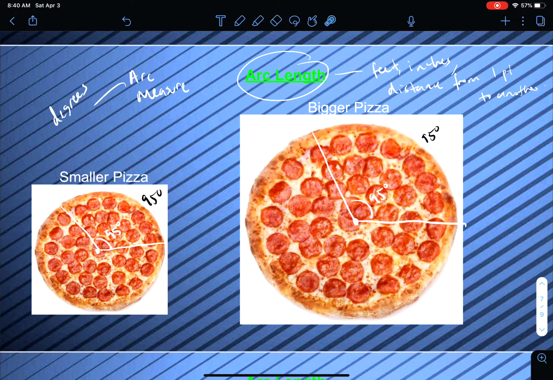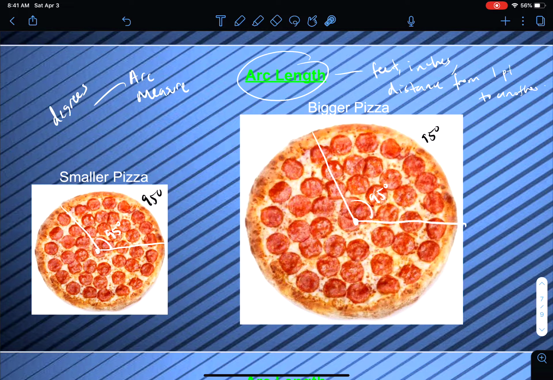But for the arc length, which is a totally different story, because we have a smaller pizza and a bigger pizza, obviously you're going to have a smaller crust for the smaller pizza. The crust is smaller than the bigger pizza's, right? Because we're talking about distance from one point to another.